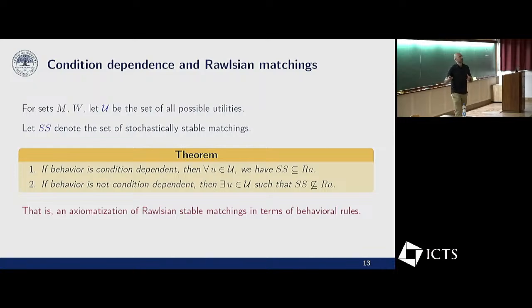Because once you've done that, you've kind of axiomatized the Rawlsian stable matchings in terms of behavioral rules: if we have the behavioral rule of condition dependence, it takes you to the Rawlsian stable matching, well, selects it under stochastic stability. But if behavior is not condition dependent, there's some game where it doesn't. So you're really drawing links between those two things.